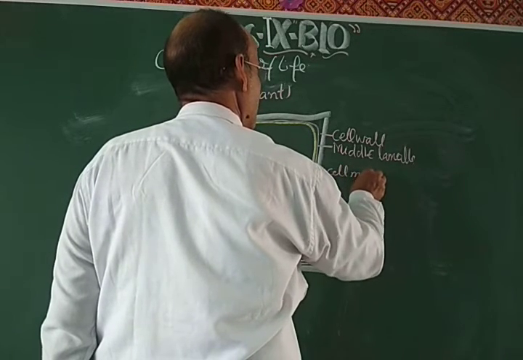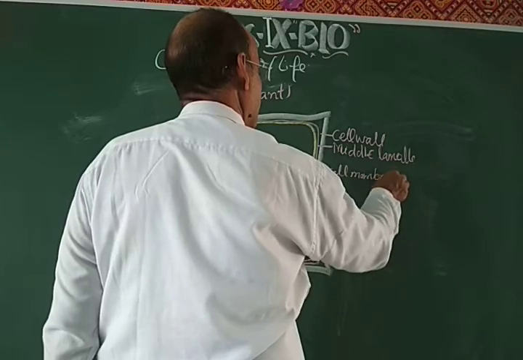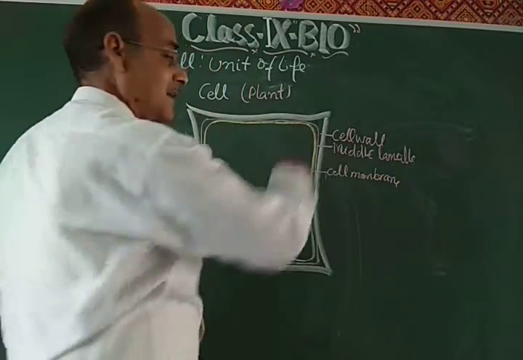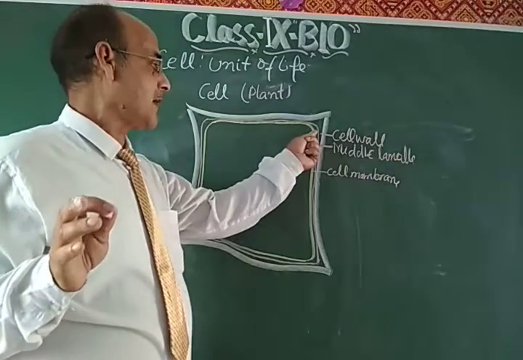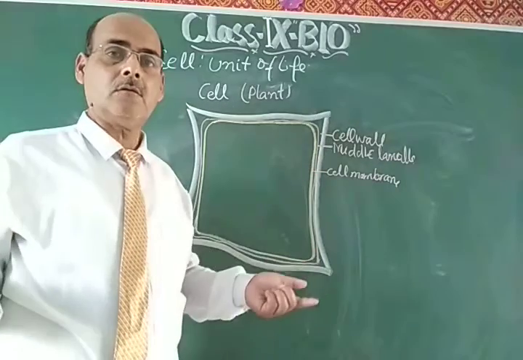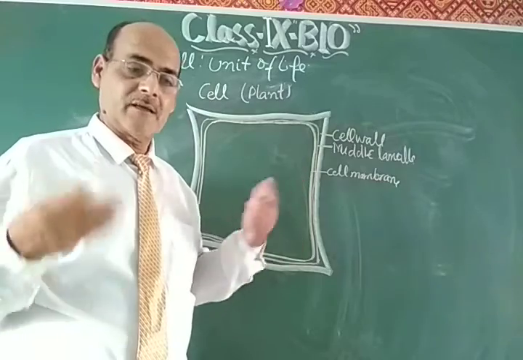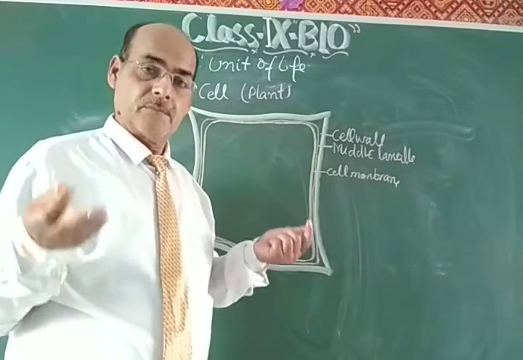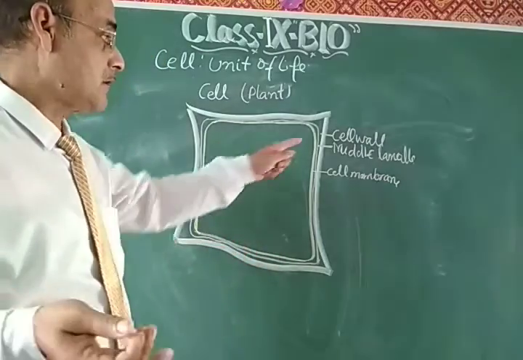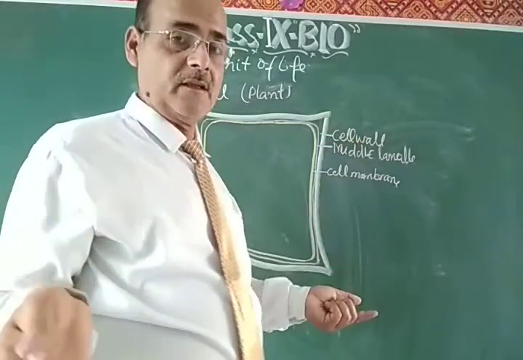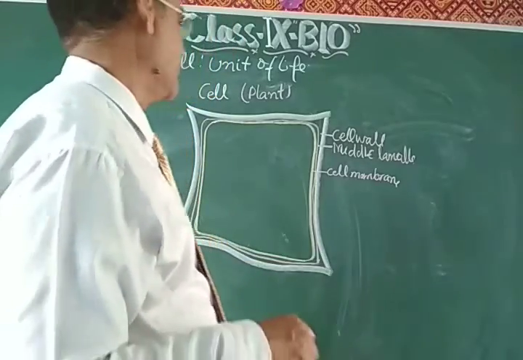My dear student, this middle lamella and cell wall is not found in the animal cell. So if you remove these two outer layers, then this cell membrane is found in the animal cell and plant cell. But middle lamella and cell wall is not found in the animal cell.